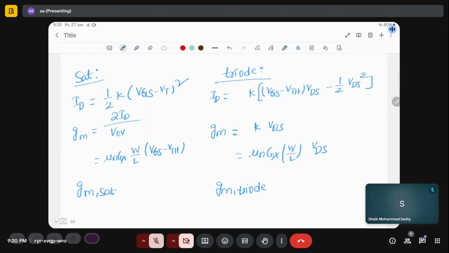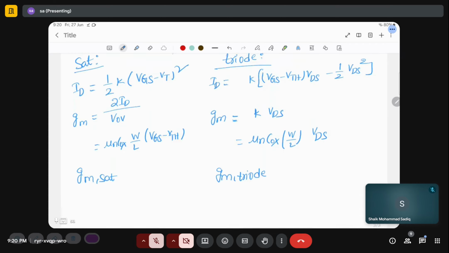What is the relation between these two? Which one is higher, which one is lower? If so, why?